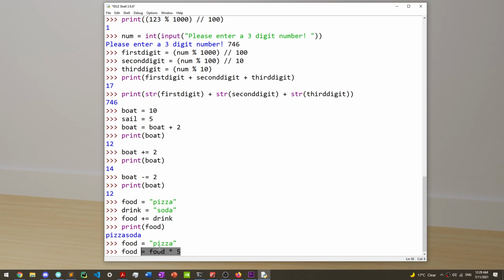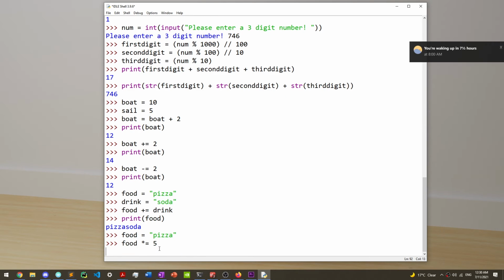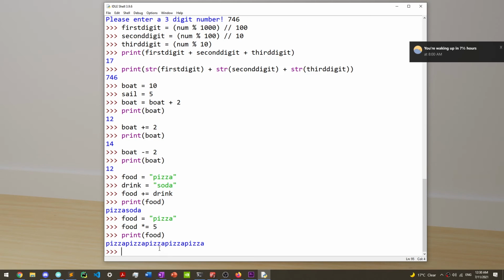But let's say I wanted to just multiply by 5 without writing all this code. I can just write times equals 5. And this will actually give me pizza 5 times. And so that's pretty useful, right? So instead of writing food is equal to food times 5, we just multiply by 5.